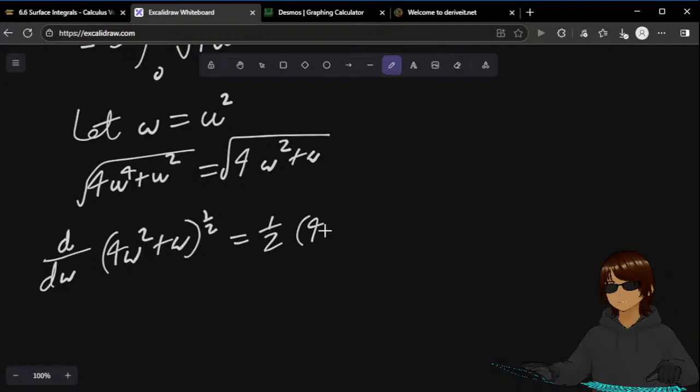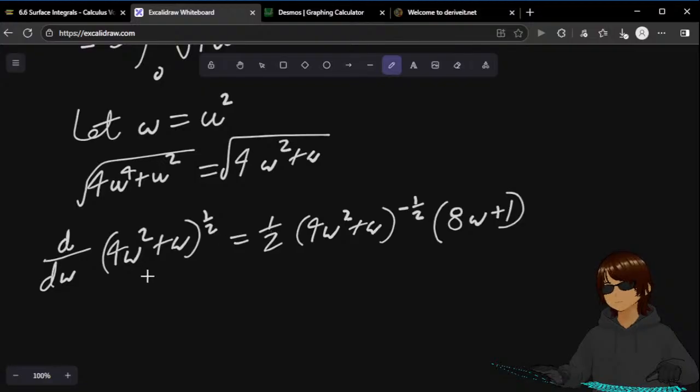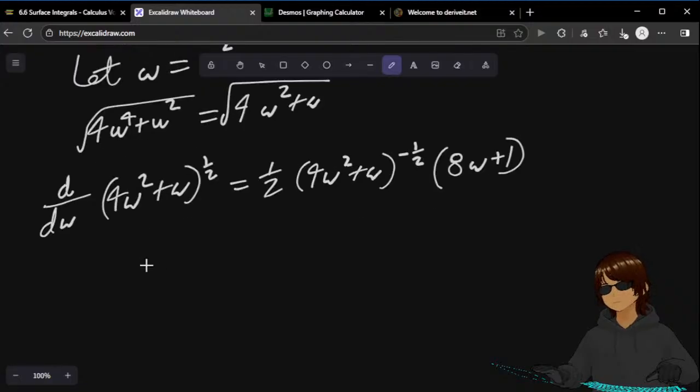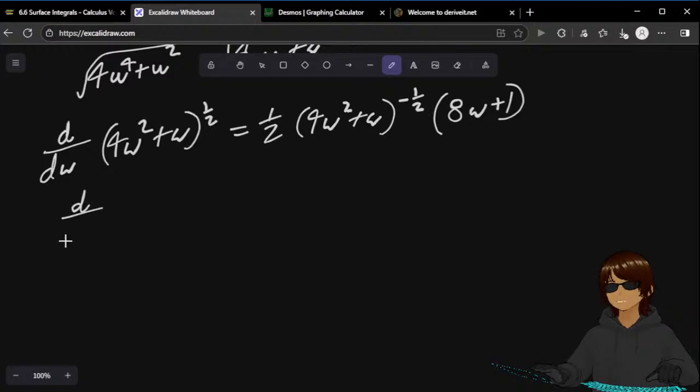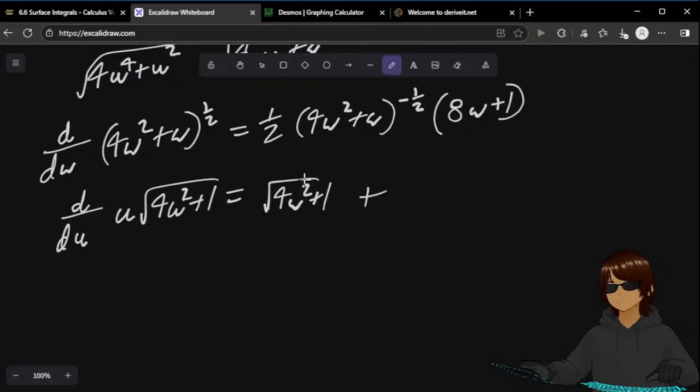This becomes minus half. And then the derivative of the inside, which is 8w plus 1. I want to see where the derivative goes. Derivative of the first times the second plus the first times the derivative of the second.